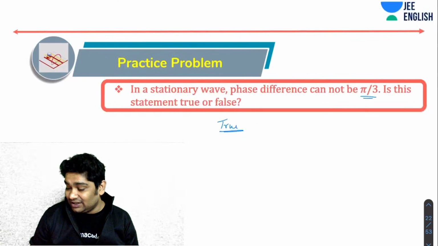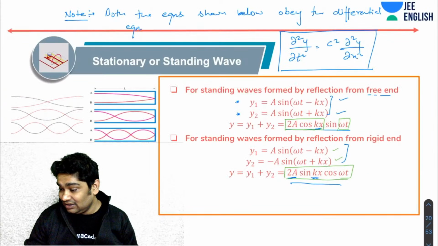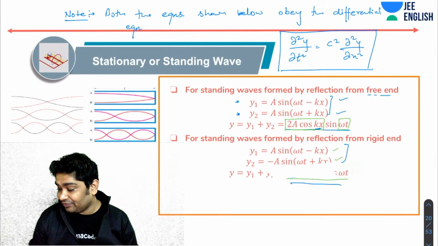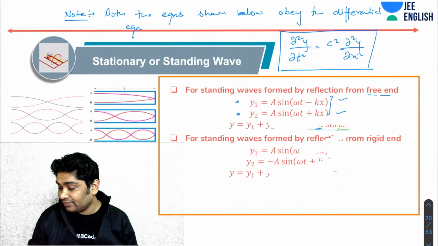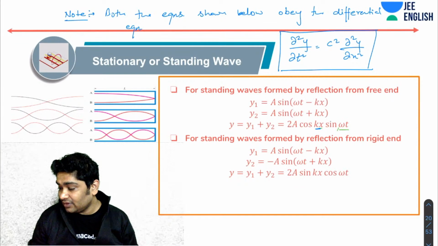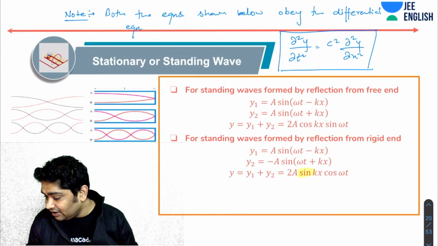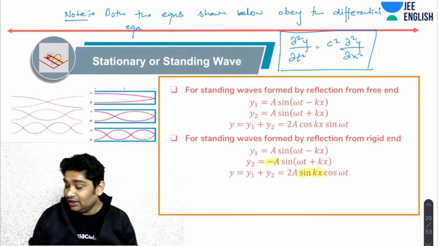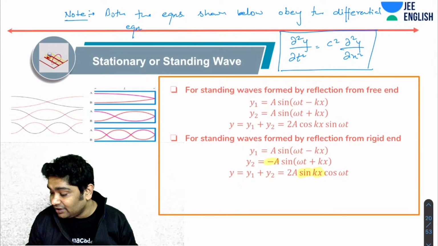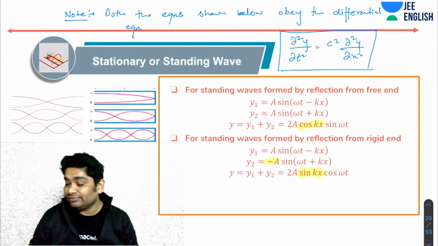Okay, remember this. This is important. So please note when you have sine in kx, then you have a minus sign here. And when you have cos in kx, then you don't have a minus sign here.